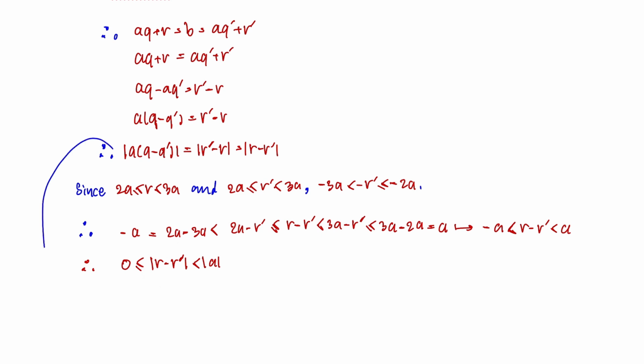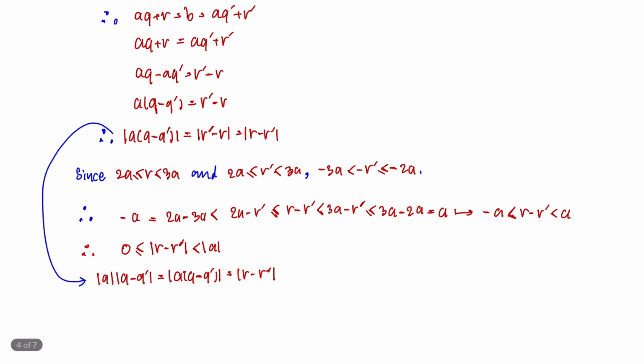So from this right here, what do we have? We're gonna have absolute value of A times absolute value of Q minus Q prime, which is the absolute value of A times Q minus Q prime, which is the absolute value of R minus R prime.